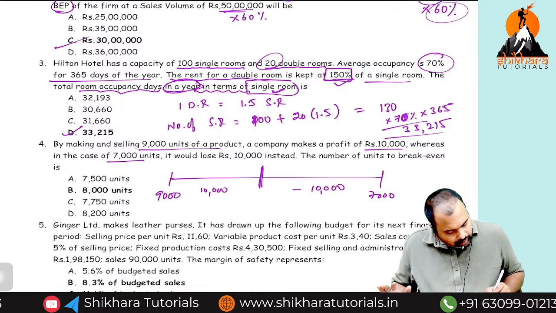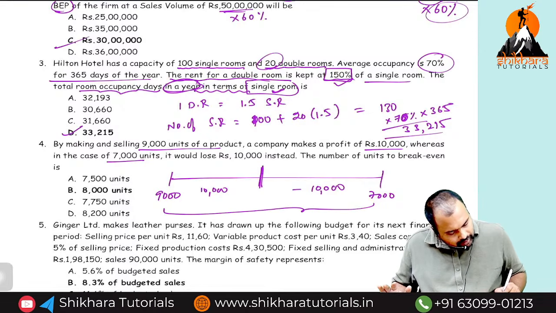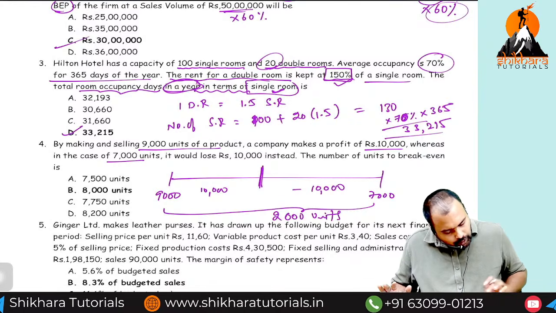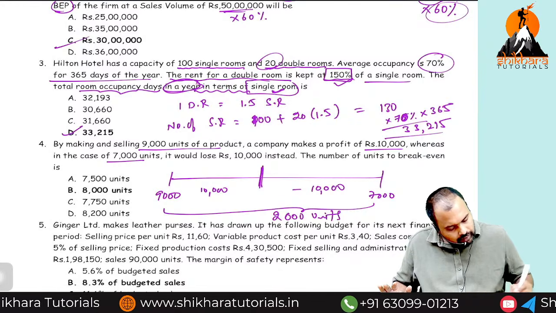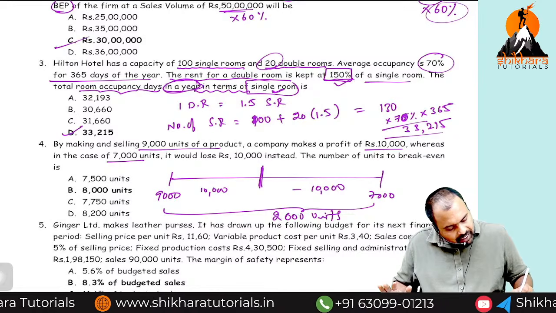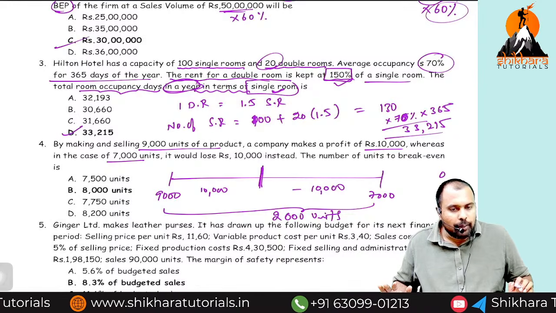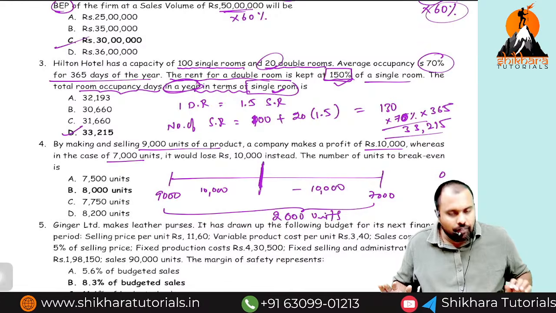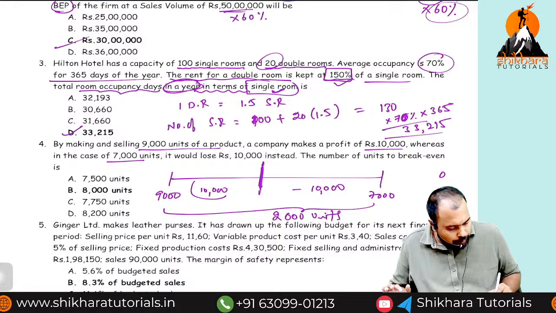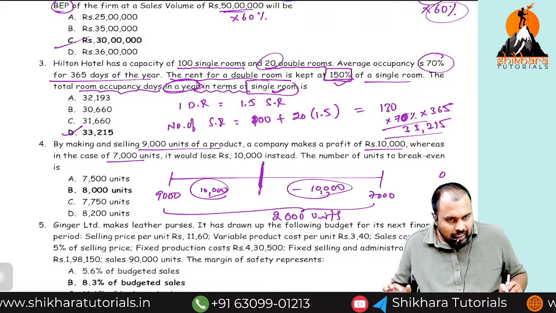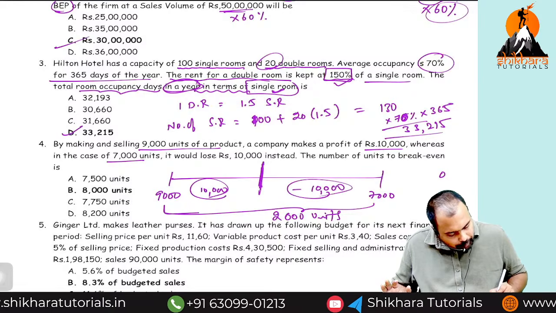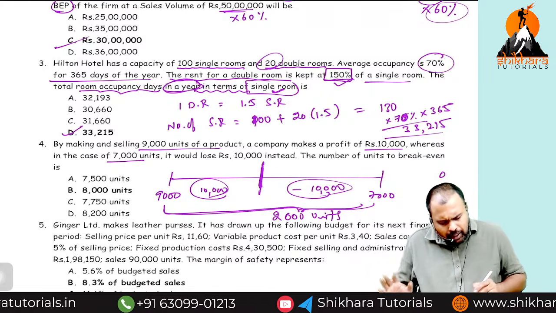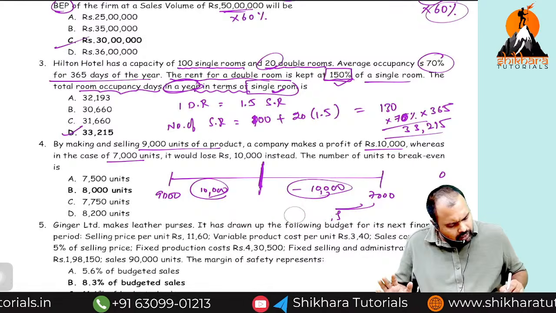From here to here, there is a difference of 2,000 units, and the difference in profit is 20,000, because here is 10,000 profit and here 10,000 loss. Exactly between them we get the break even. It is a very basic thing we know in marginal costing.